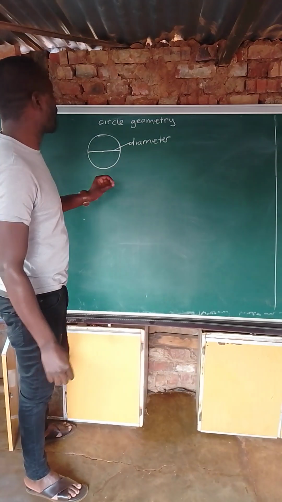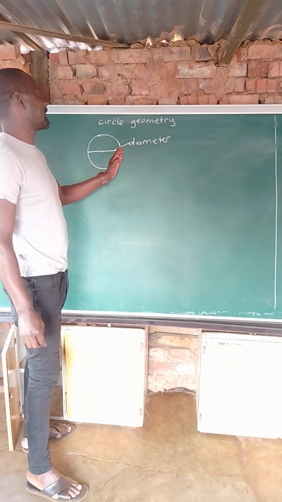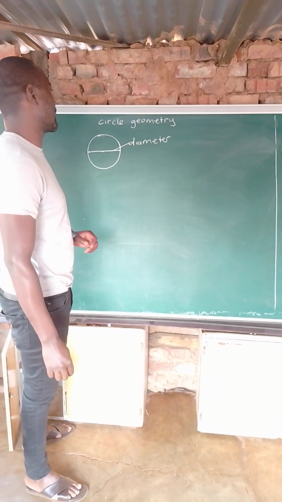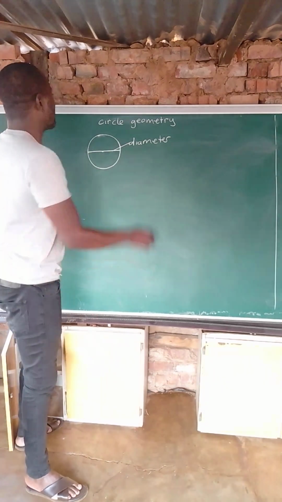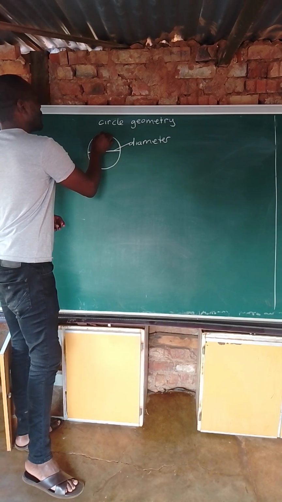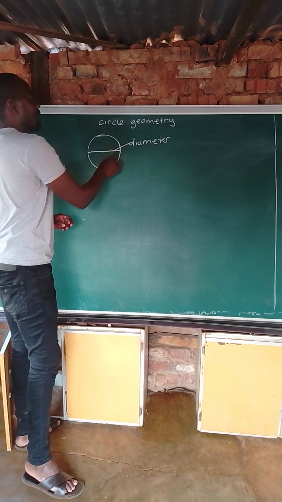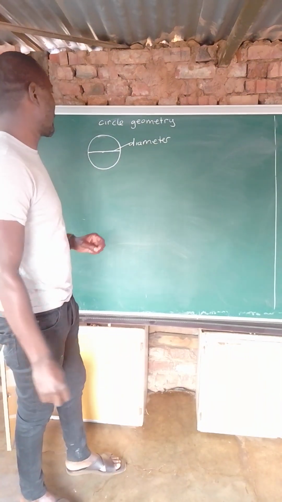Remember, it has to go through the center from one point of the circumference to the other point of the circumference. What is a circumference? A circumference is the circle itself.